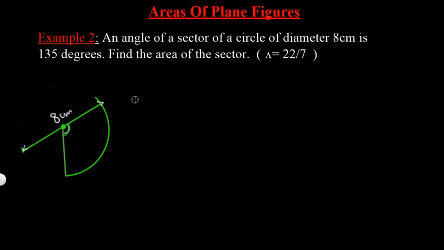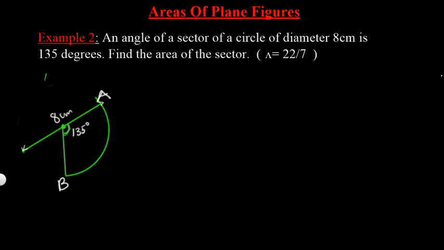Yes, this is the sector of concern, where for easy understanding, let's call this part A, the part B, and this sector spans angle 135 degrees. So we are then asked to find the area of this sector.